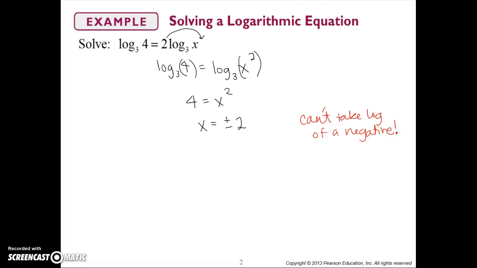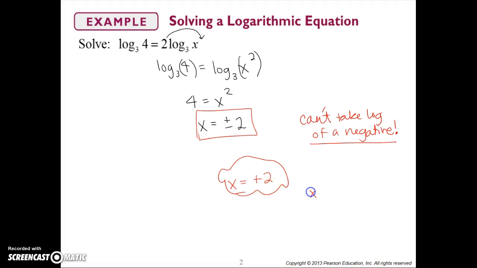So we have to be very careful here. Whenever you solve your equation, you need to go back and see in the original problem, if you plug those two answers back into the original problem, do you see if we plug negative 2 into 2 log base 3 of x, we'd be taking the log of a negative number? For that reason, x can only be positive 2.